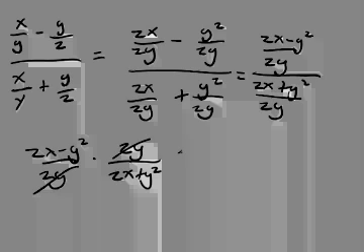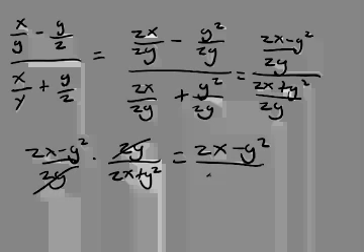These cancel, and we are left with zx minus y squared over zx plus y squared, which is the simplified form of our complex fraction.